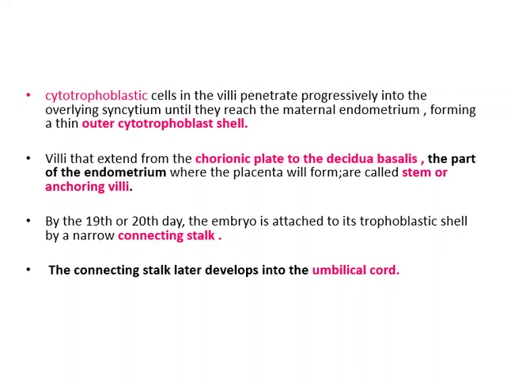One of them is the decidua basalis, where the placenta will form; these are called stem or anchoring villi. Between the 19th and 20th day of intrauterine life, the embryo is attached to the trophoblastic shell by a narrow connecting stalk, as we mentioned in the last lecture. This connecting stalk later develops into the umbilical cord.